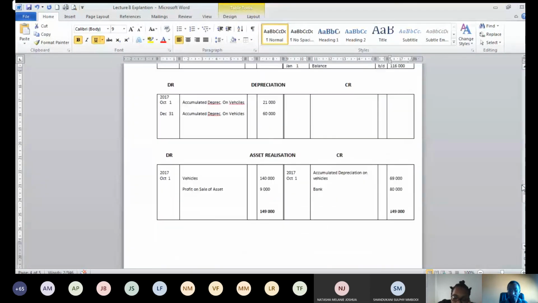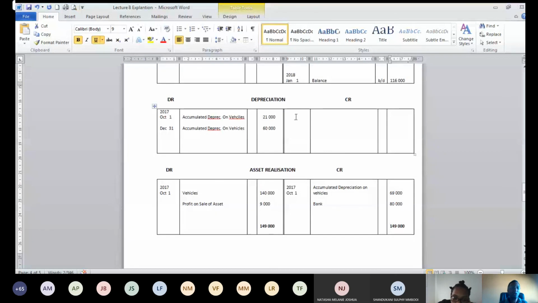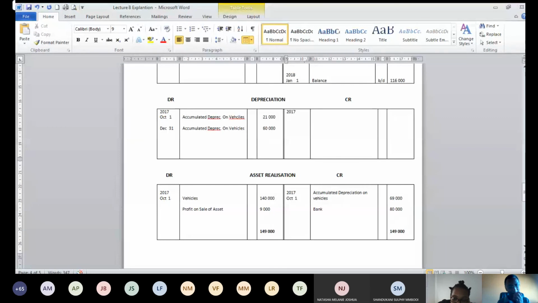Your depreciation account, to balance depreciation. Depreciation, remember now, is a nominal account. It's an expense account. So to close off an expense account, we don't balance this account at the end of the financial year. We close it off by transferring it to the profit or loss account.